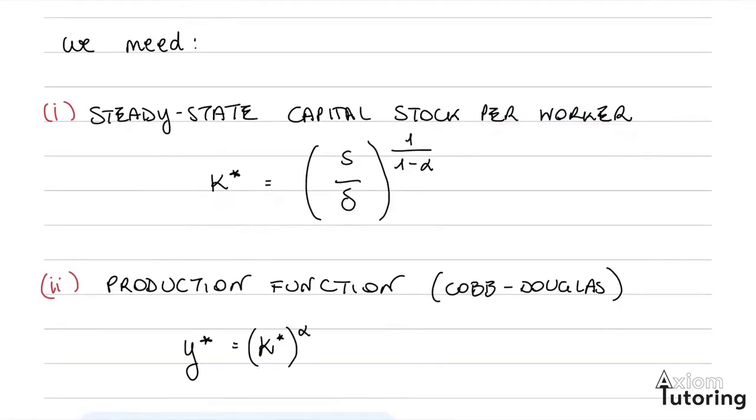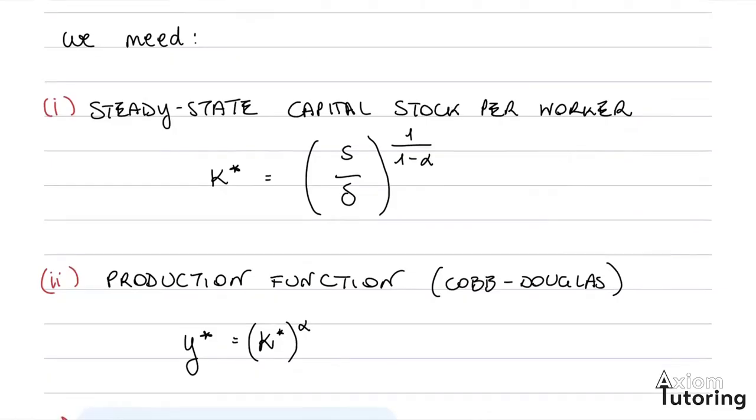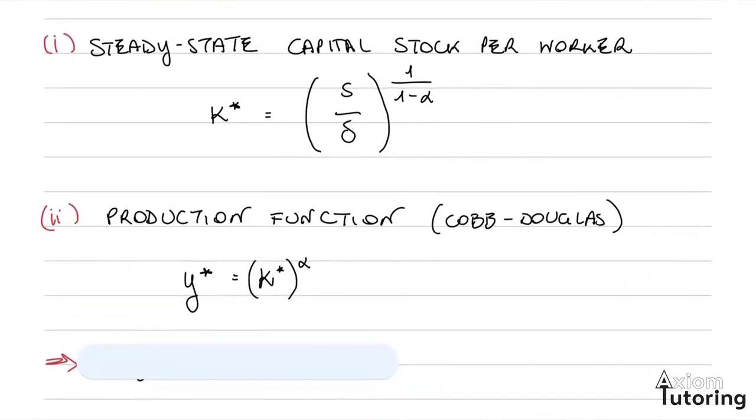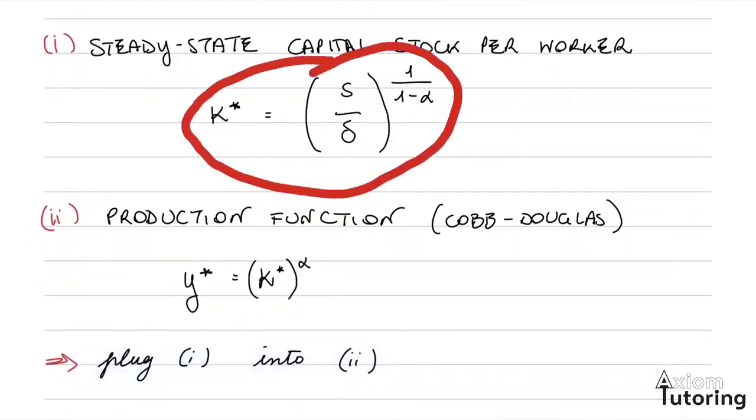So it's as if we are looking at aggregate variables, such as big K or big Y, everything divided by L, by the workers. So now it's quite intuitive that since this is how we determine output and we need capital in the steady state, we will need to plug in this equation into here.